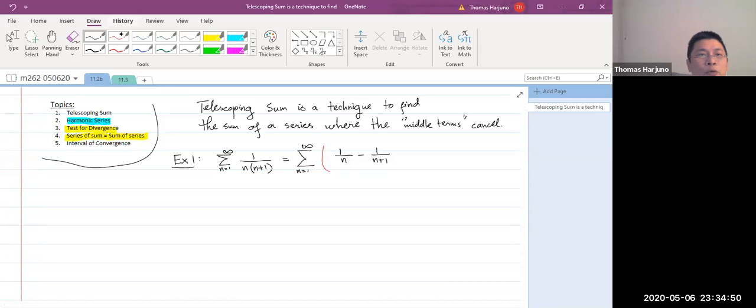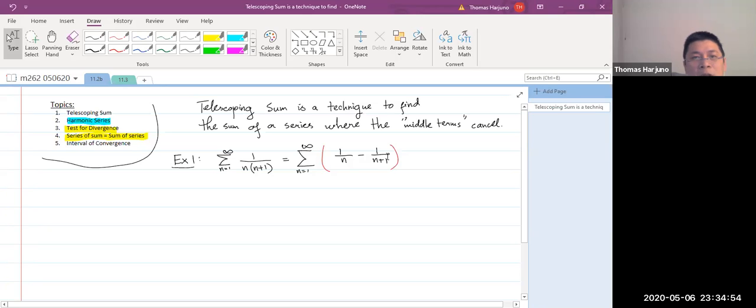You can try it: if you simplify these terms, you combine them, have the LCD, what you get will be equal to this.